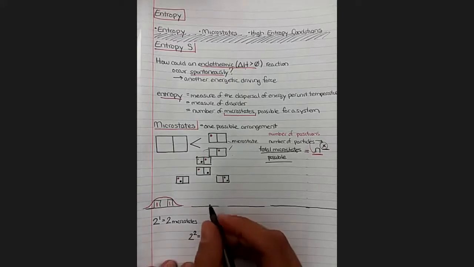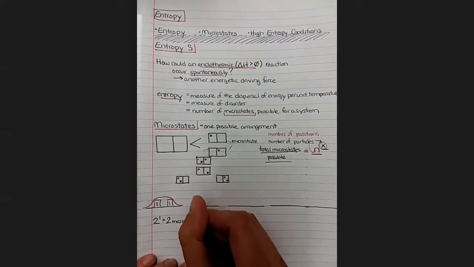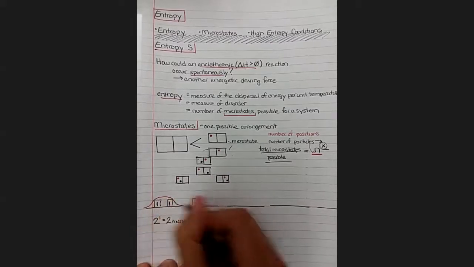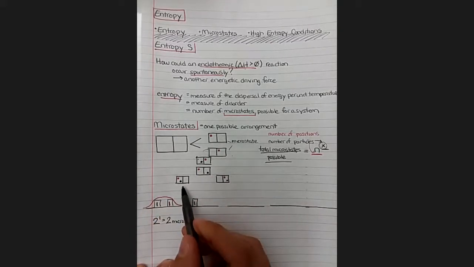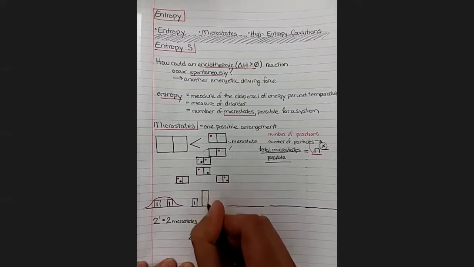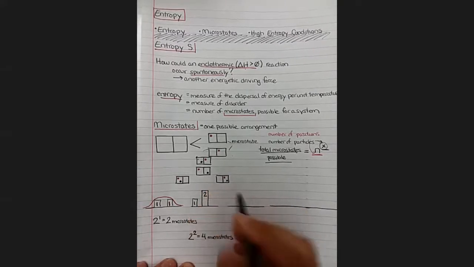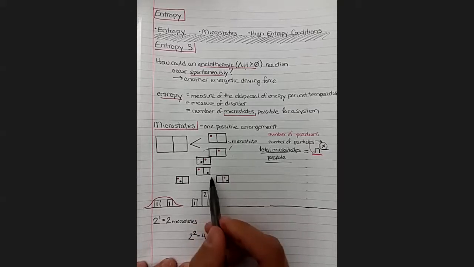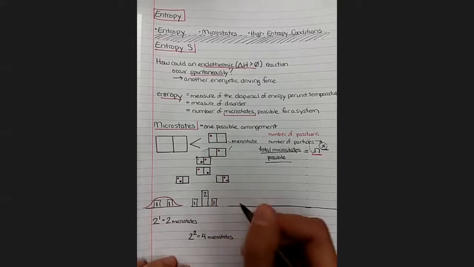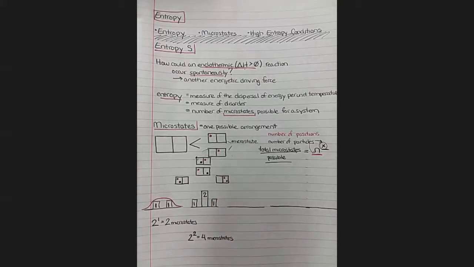So if we make a little bar graph for these different states, we're going to have one way to have all the particles on the left side. We have 2 ways to have 1 particle on one side and 1 on the other. And we have 1 way to have all of the particles on the right.